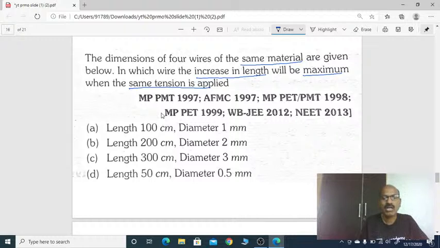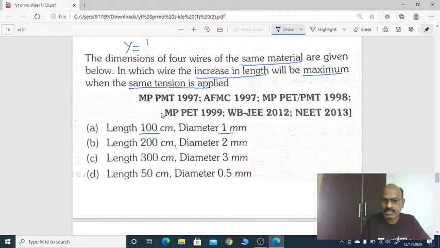See that for all the 4 wires, length is given, diameter is given. Which wire will have more increase in length when the same tensional force acts on it? Right? So, see that we know Young modulus is stress by strain.